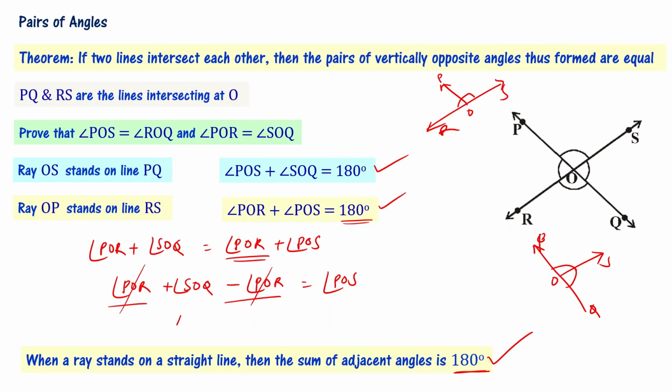So what you have is angle SOQ is equal to angle POS. We have proved this: angle SOQ equals angle POS. So we have proved both. Then it means that when two lines intersect with each other, the pairs of vertically opposite angles formed are equal. Understood?